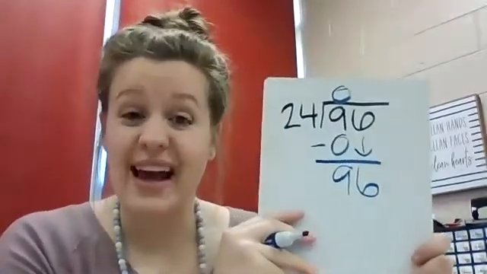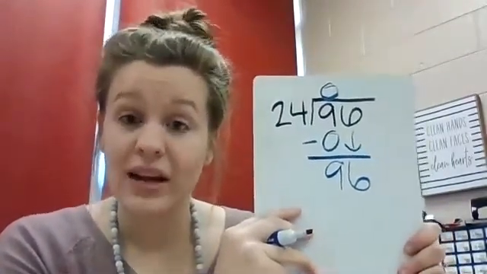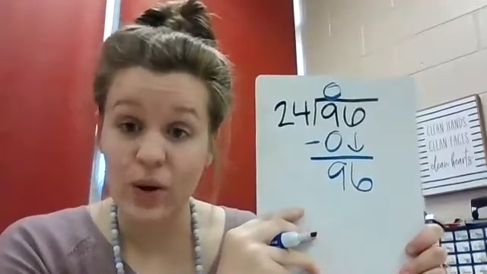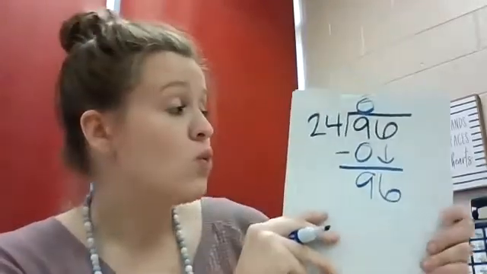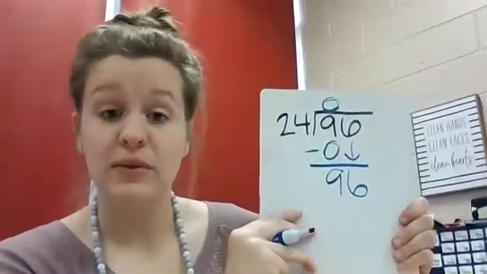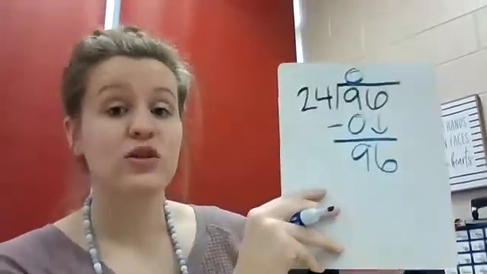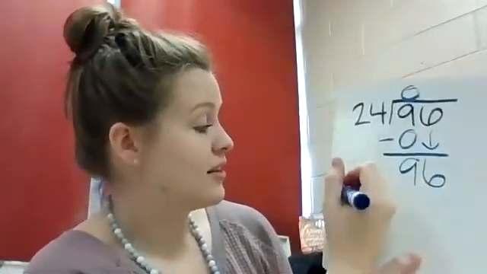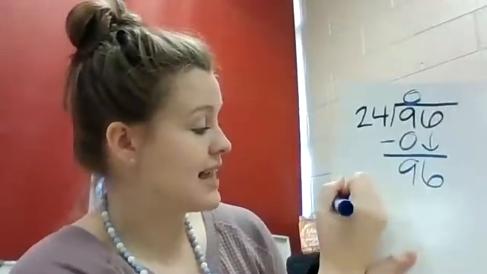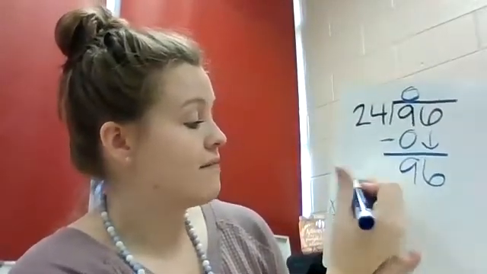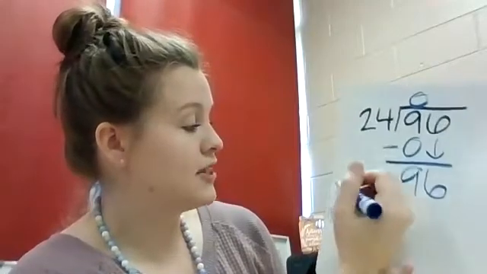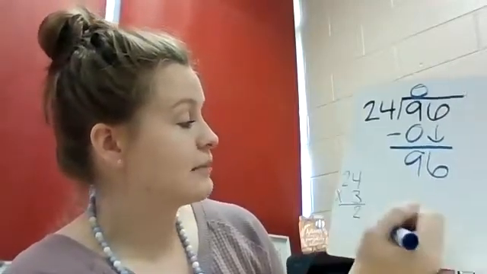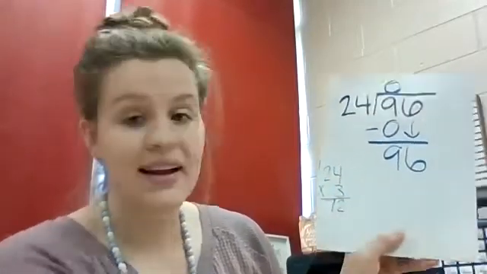Now we have to figure out how many times does 24 go into 96, or what is 96 divided by 24? Well, I know that 24 times 2 is 48, and that's not enough. So I'm going to start with 24 times 3. And 4 times 3 is 12, so I drop a 2, carry a 1. 3 times 2 is 6, plus 1 is 7, 72.